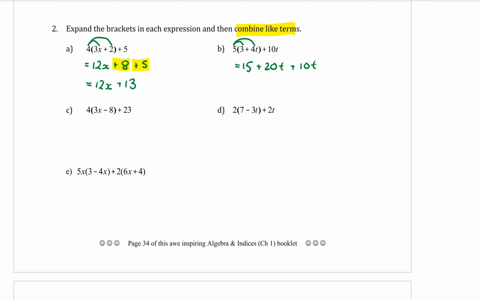Now I'm looking for like terms, and hopefully you can see that I have 2 t terms. Those ones, they both have a t, so they are like terms. The 15 is not a like term, it's different, so let's leave it there. The ones I've highlighted in yellow, 20 plus 10 is 30, a positive 30, so that's why we do plus 30t.